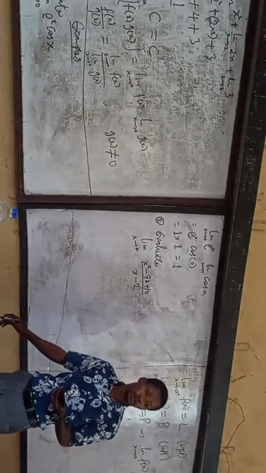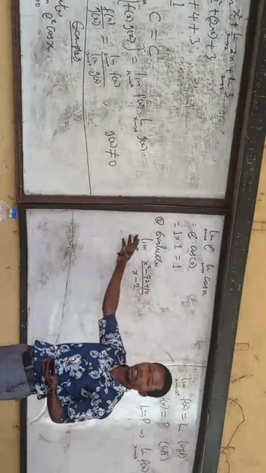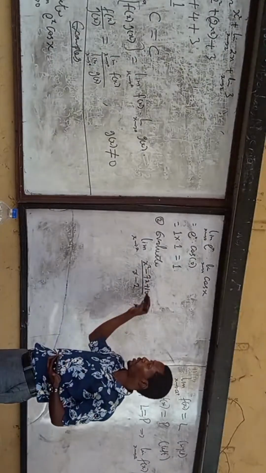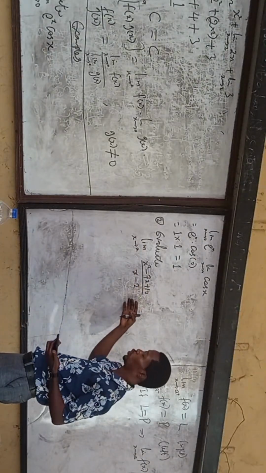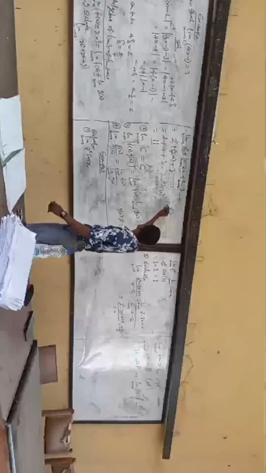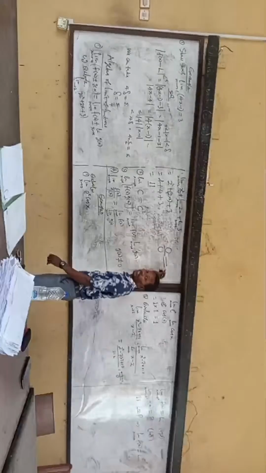See? So it means that you can take the limit as x tends to 2 of the numerator and then the limit as x tends to 2 of the denominator separately. 0 over 0 is what?